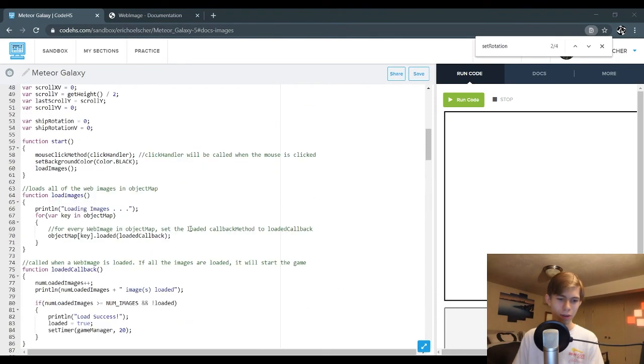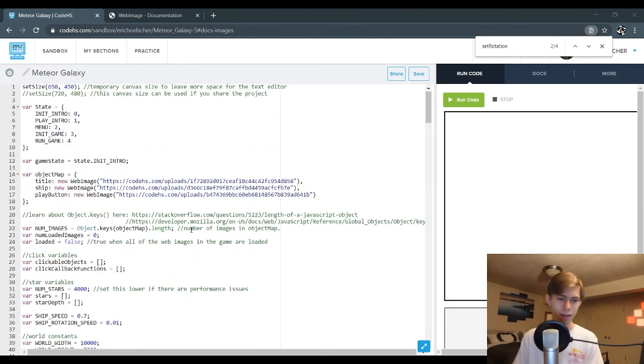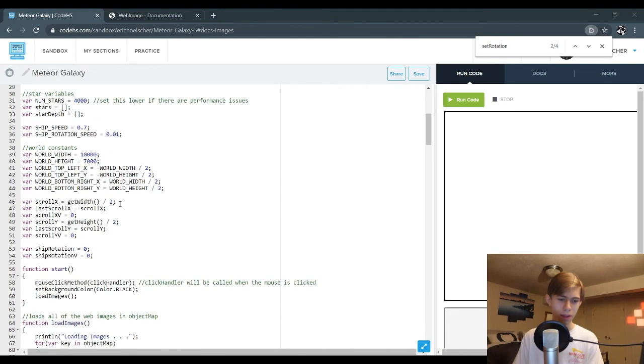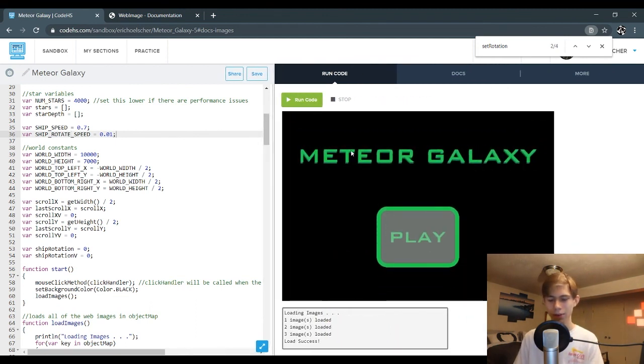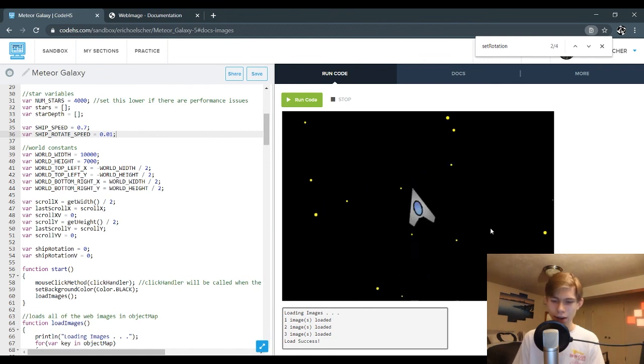The one thing I noticed that I did incorrectly was the constant for ship rotation speed. I referenced it as ship rotate speed, so I'm going to change that here, and let's run it. So we got a cool intro, and now we can fly our spaceship around.